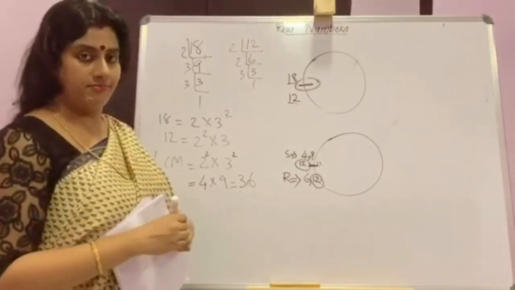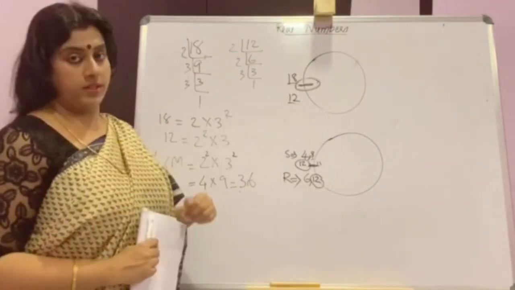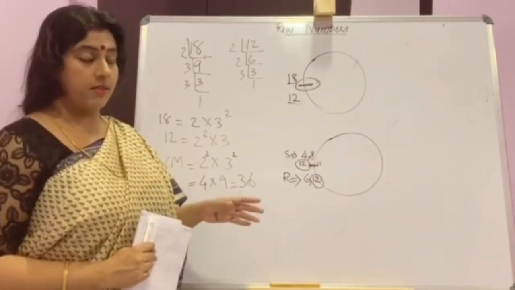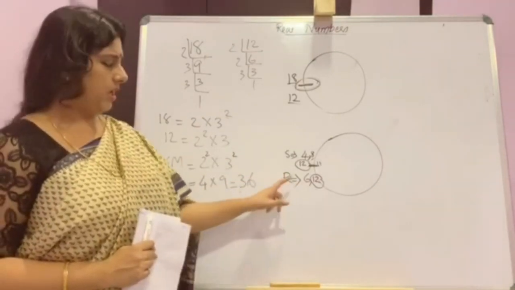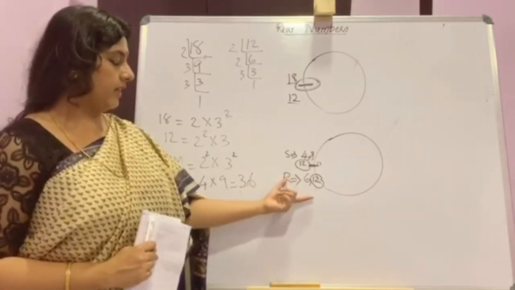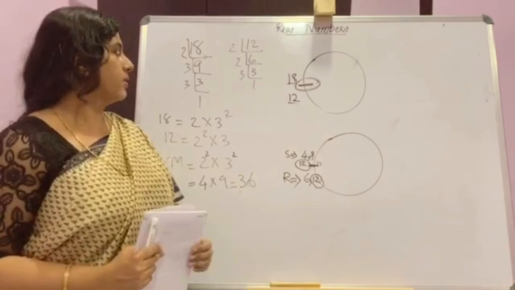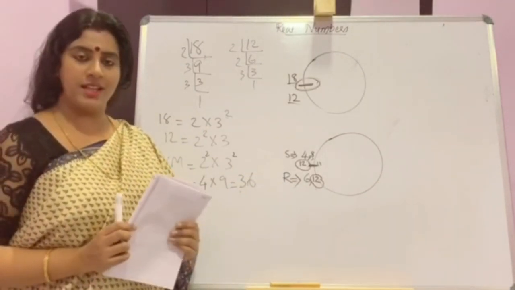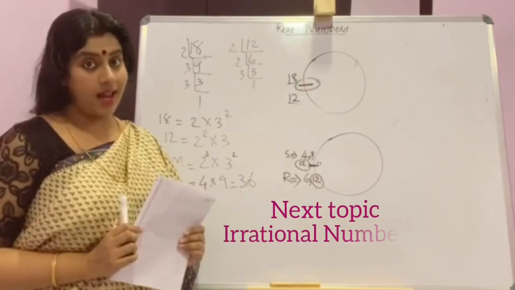For these types of questions, that is, when will they meet next at the same point, we will always find the LCM. Remember this example with smaller numbers, then it will be easier. So this is all about LCM and HCF. We will move to the next topic, that is irrational numbers.